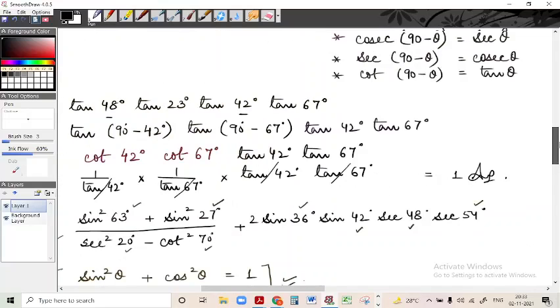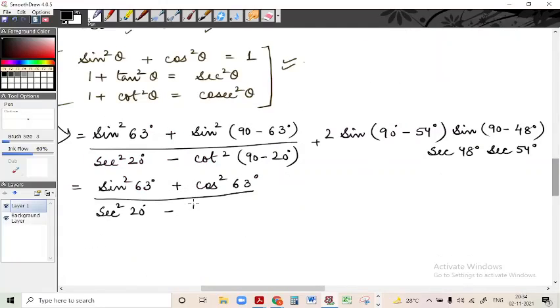Here we had discussed cot (90 minus theta) is tan of theta. So this is equal to tan square 20 degree, plus 2 cos 54, cos 48, sec 48, sec 54, which is equal to this part. If you observe this one, here we are going to apply the properties as number 1 over here.